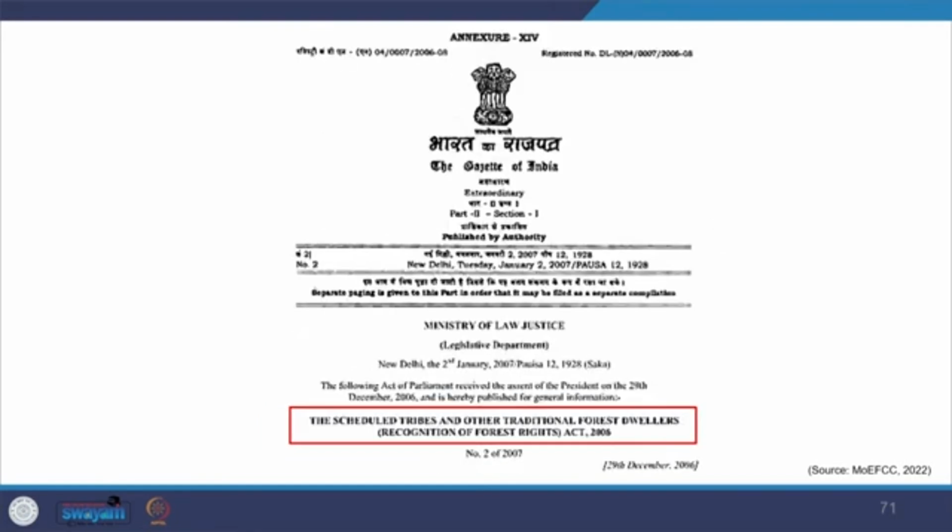So, you also look at the Scheduled Tribes and Other Traditional Forest Dwellers Act 2006 in this context of MPAs. This one provides a framework for recording forest rights, and this act recognizes rights including responsibility and authority for sustainable use.